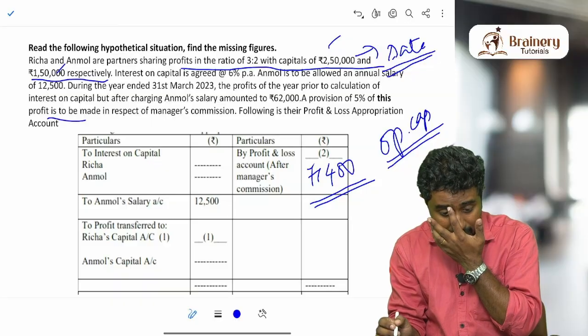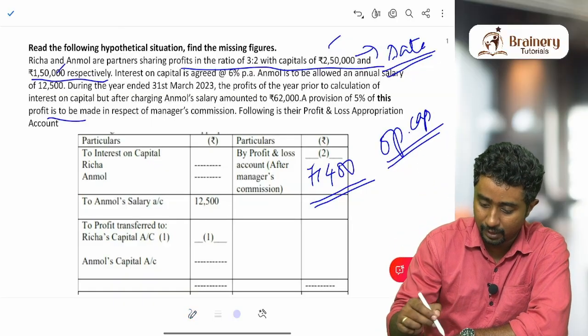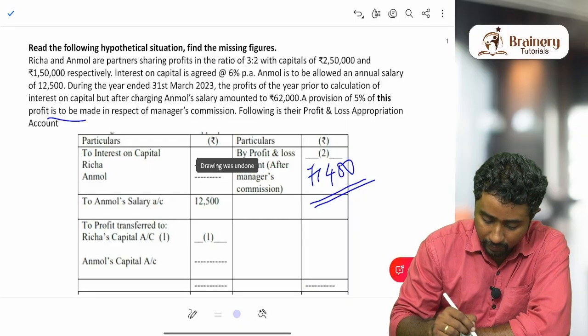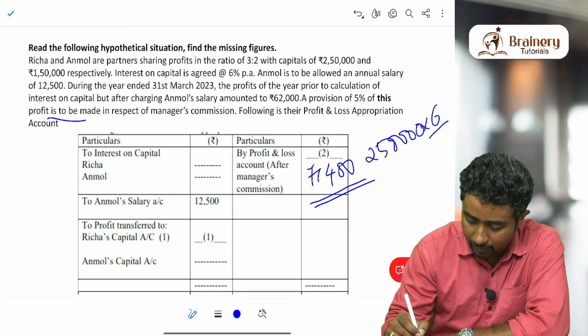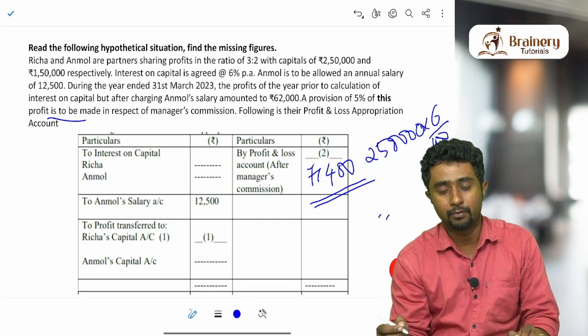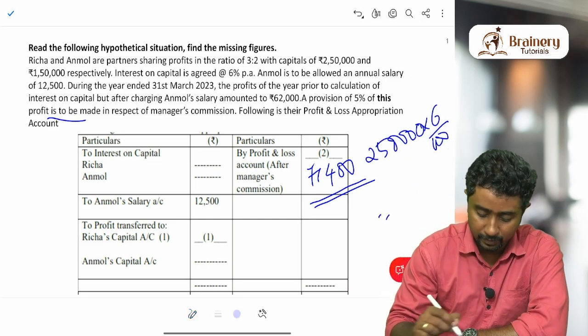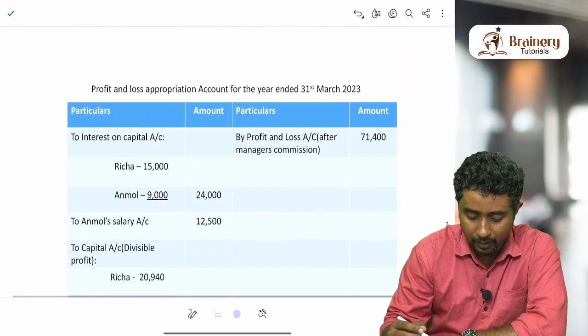So 2,50,000, at what percentage? 6% is the interest on capital. So how to calculate interest on capital again? 2,50,000 into 6 by 100. How much will you get?